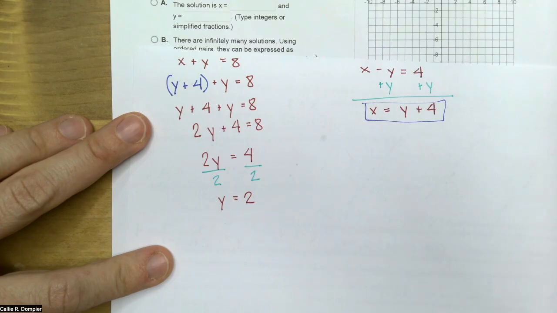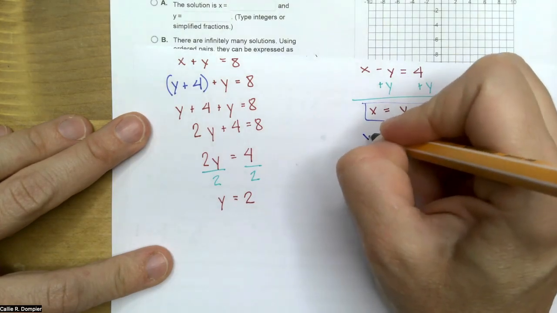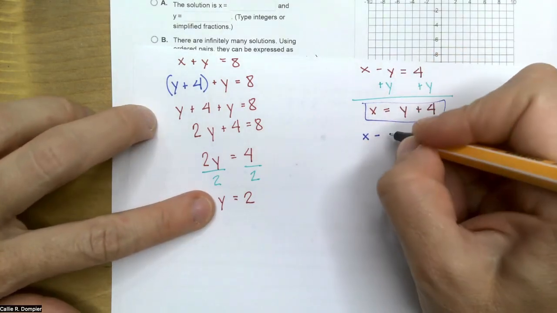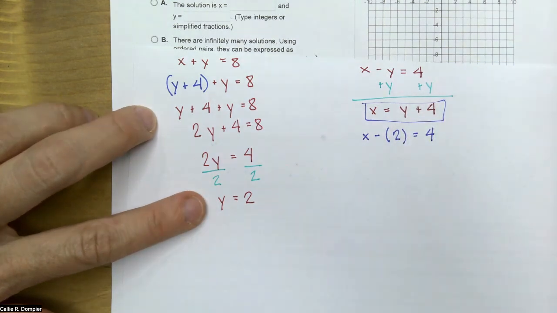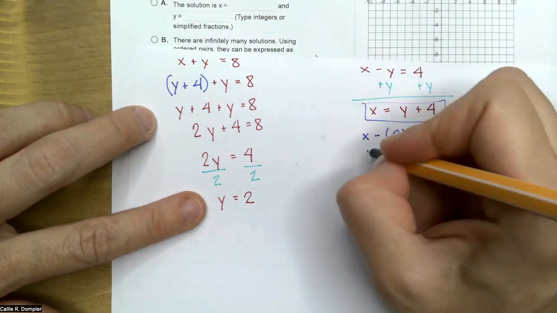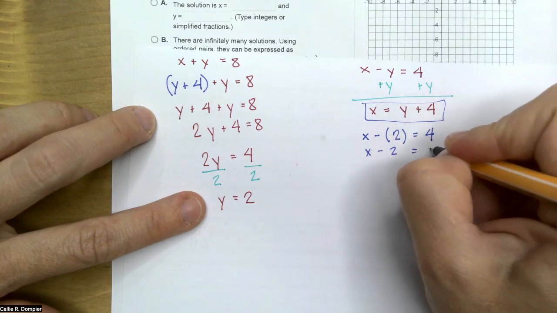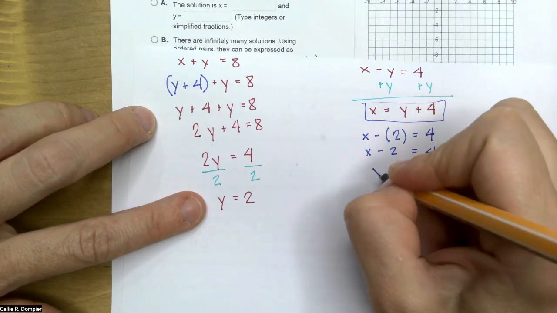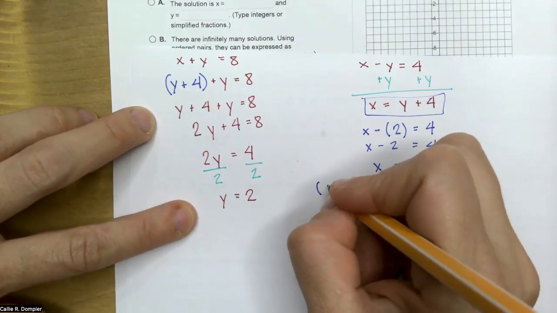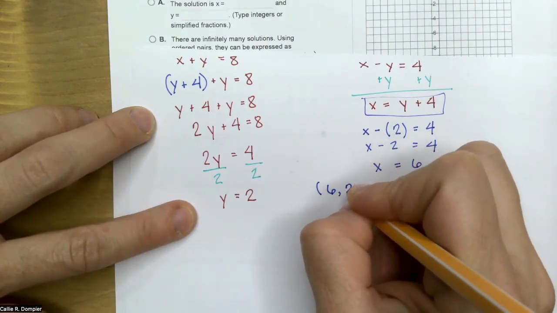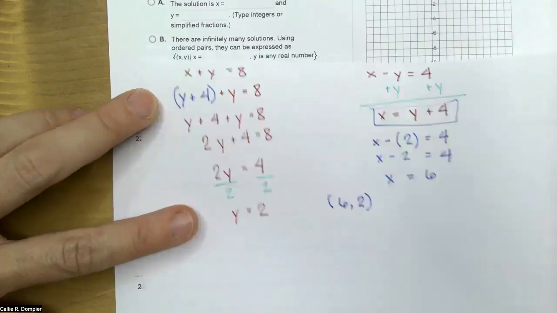Does not matter which one you pick. X minus y, but we know y is 2, equals 4. So we have x minus 2 equals 4. Add 2 to both sides, and we have x equals 6. So the point where they cross is the point 6, 2.